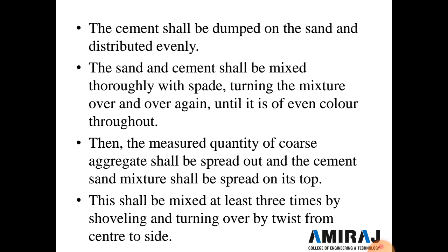The sand and cement shall be mixed thoroughly with a spade, turning the mixture over and over again until it is even colored throughout. The measured quantity of coarse aggregate shall be spread out, and the cement sand mixture shall be spread on the top. This shall be mixed at least 3 times by swirling and turning over, twisting from center to side.